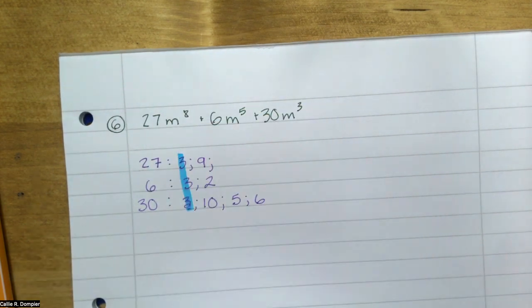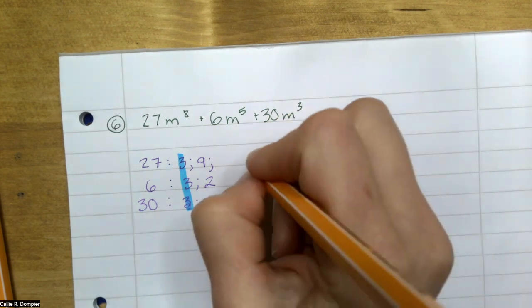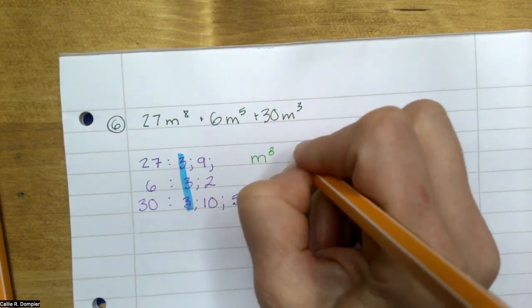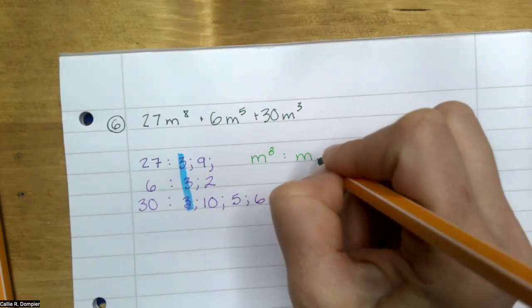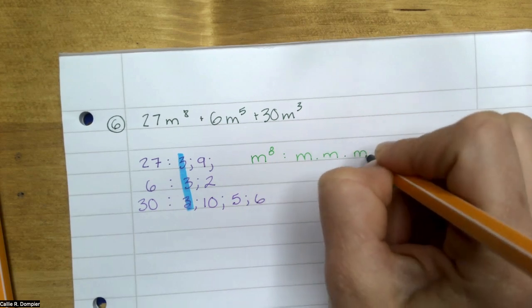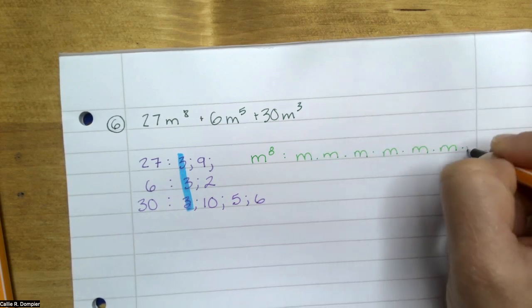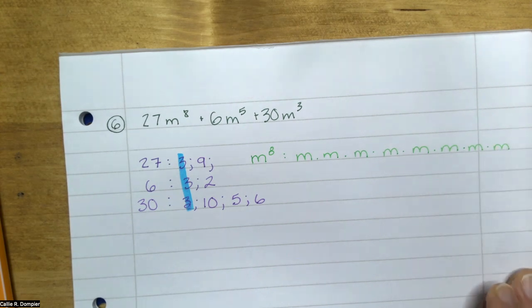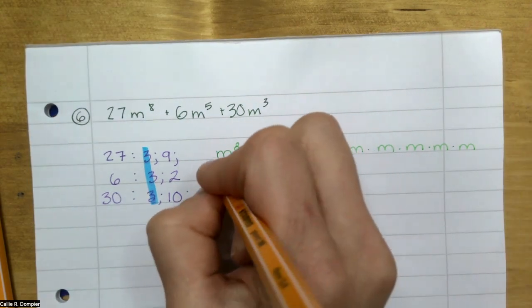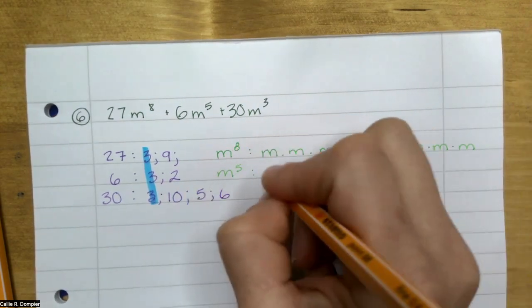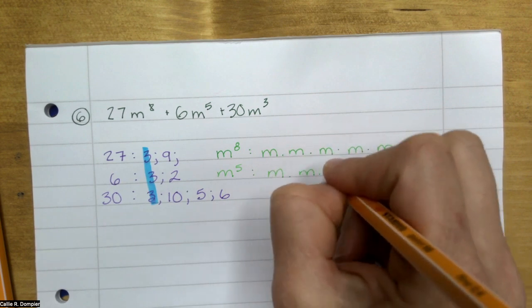And then if you take it a step further and go, what about m to the 8th? M to the 8th is 8 m's. M to the 5th is 5 m's.